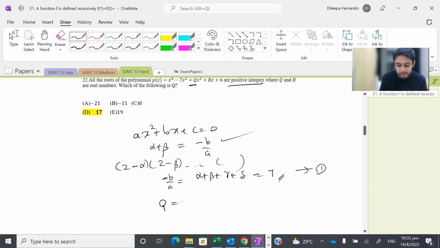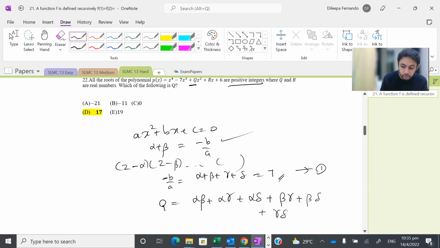So all the combinations: you have 4 roots, so you choose any two and sum them. That means you will get alpha beta plus alpha gamma plus alpha delta plus beta gamma plus beta delta plus gamma delta.